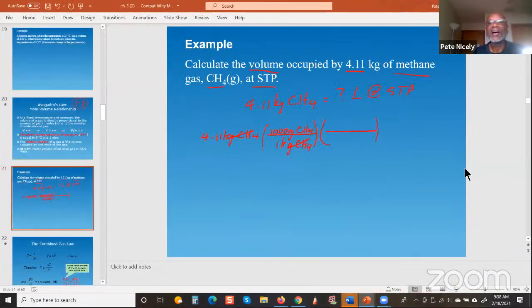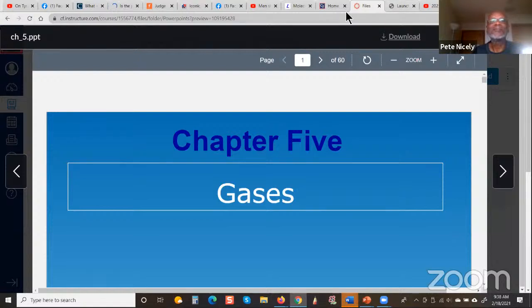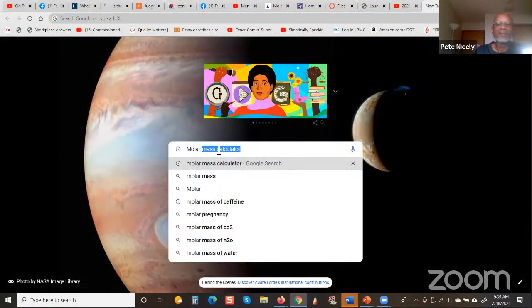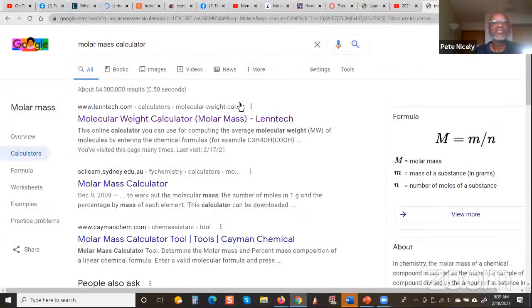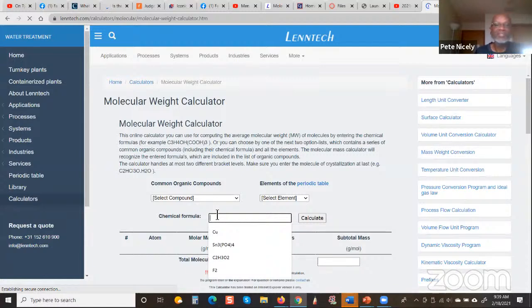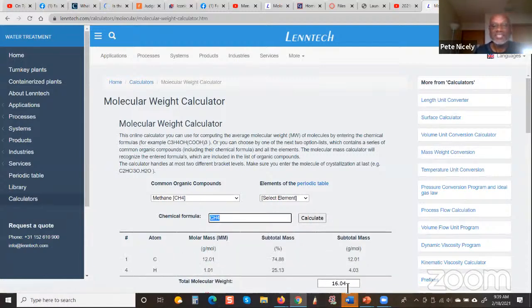And if I remember correctly, the molar mass of methane is 16 point something. Let me use my molar mass calculator that I like to use. So I'm going to type in my formula, CH4, and 16.04.